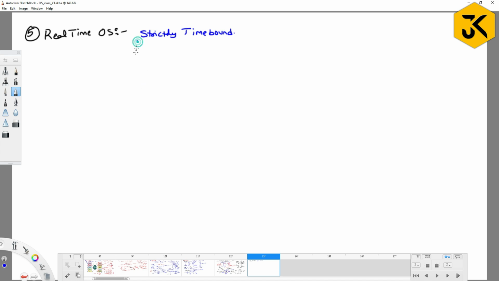There should not be any delay in the instructions. If there is a delay, a huge loss may definitely happen. That kind of operating system we call a real-time operating system. Every instruction we give has to be completed in the given time. There should not be any delay.